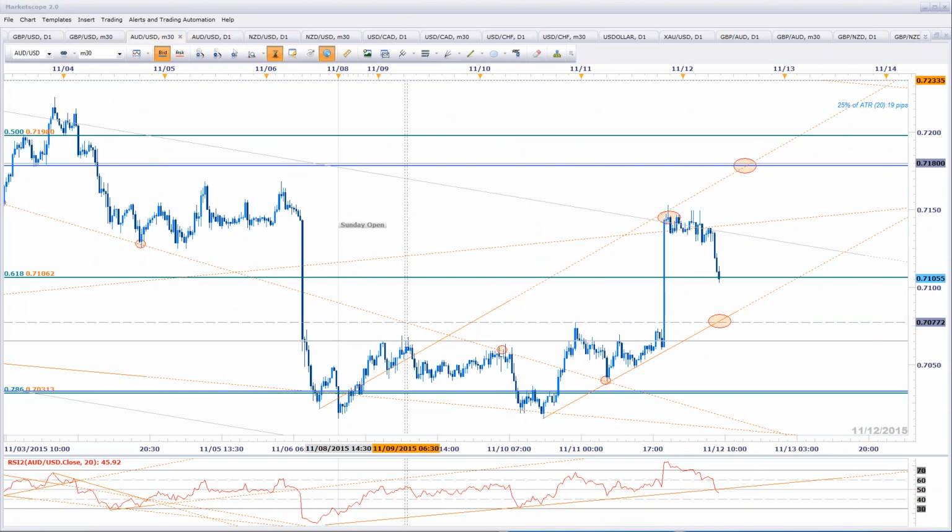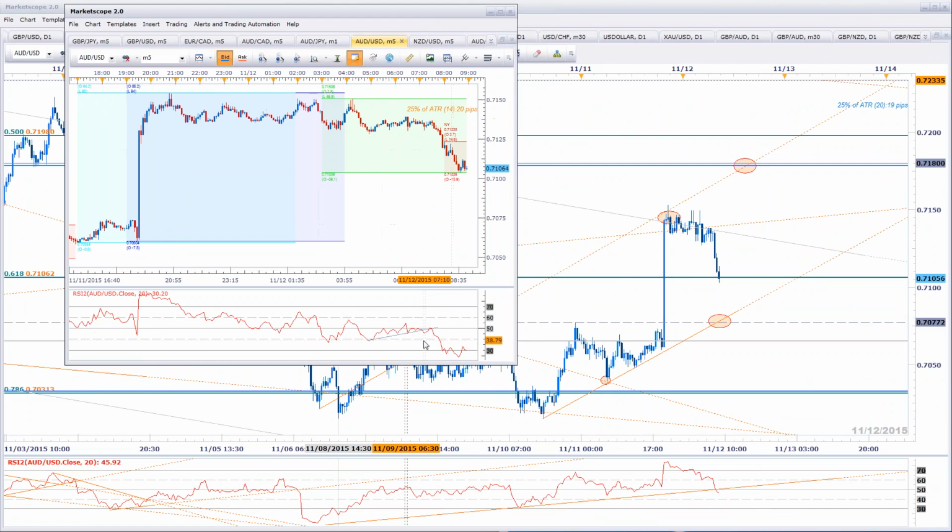On the 5-minute, though, I can tell you right ahead of the webinar, I was looking at this. Nice little trigger there. Came back up, tested it as resistance, and then that break was a break of the European opening range low. So this actually was a really good trigger here from 71.30 or 71.27. You're only looking for about 19 pips, so make sure we're keeping our profits nimble here on the Aussie.